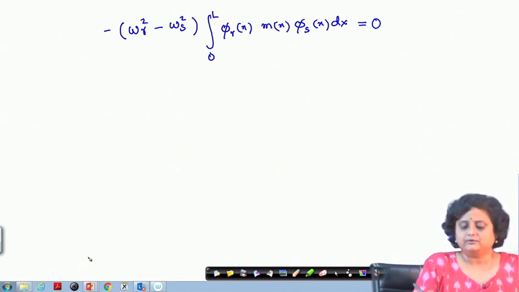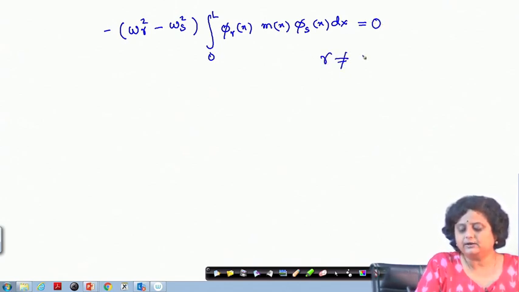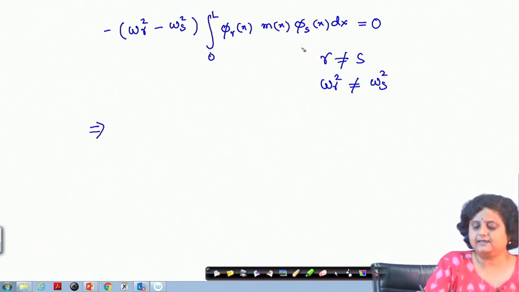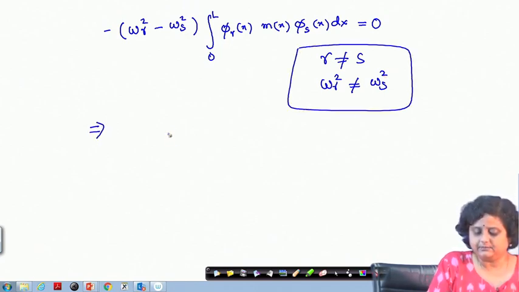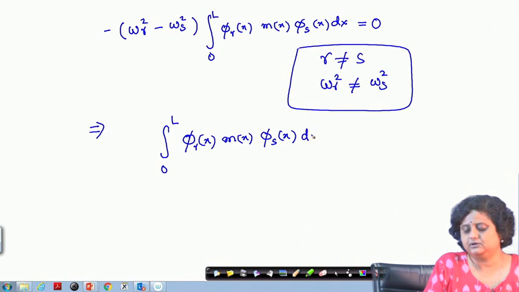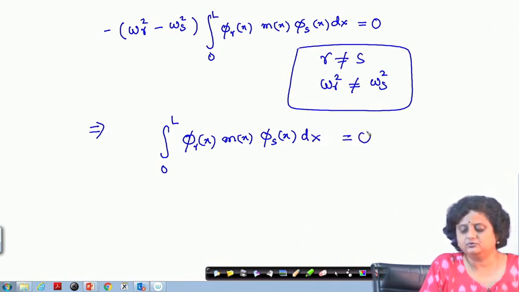So, now since r is not equal to s, omega r square is not equal to omega s square. If that is the case, then I am left with integral 0 to L phi r x m x into phi s x dx is equal to 0.